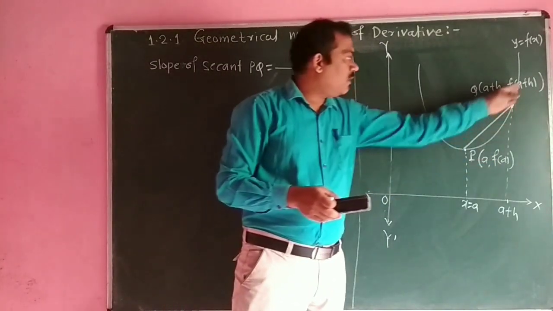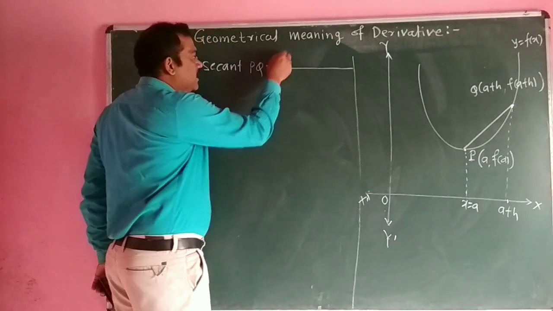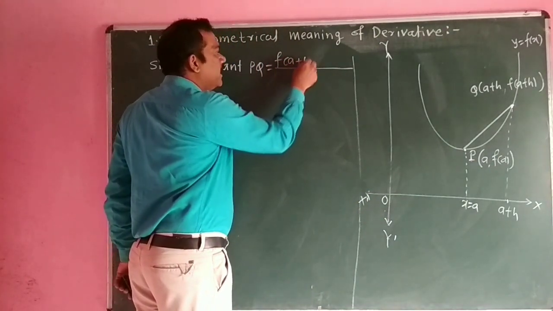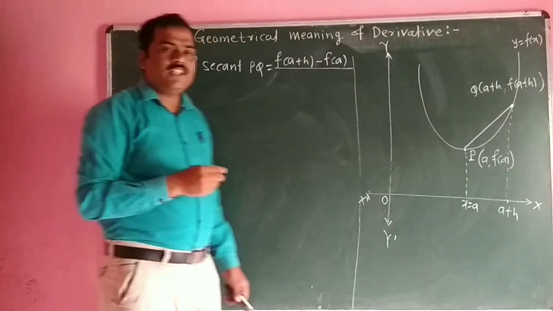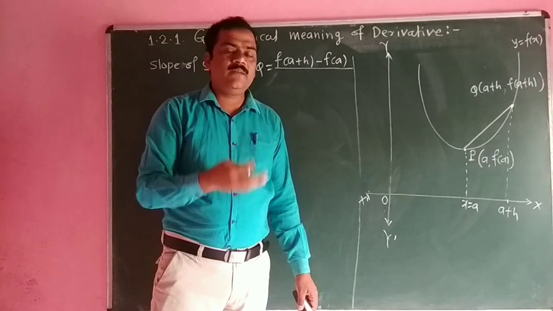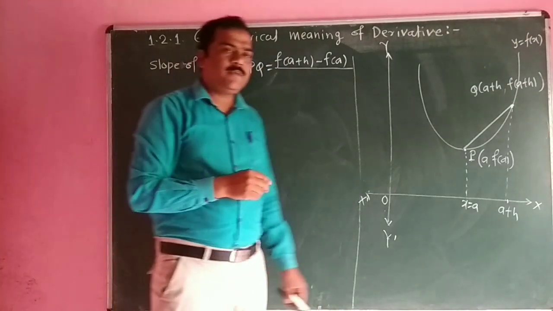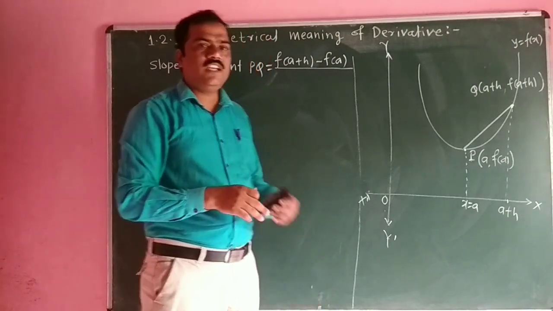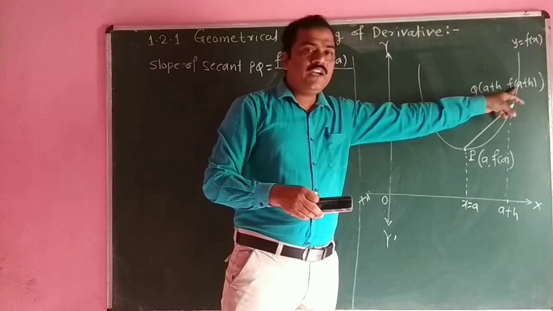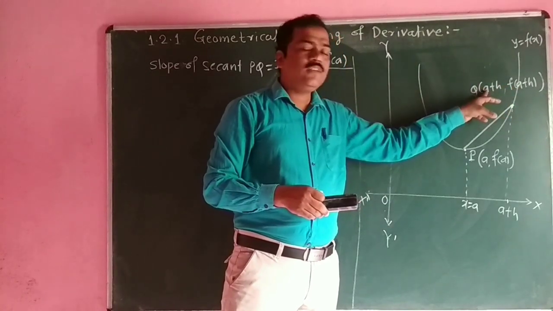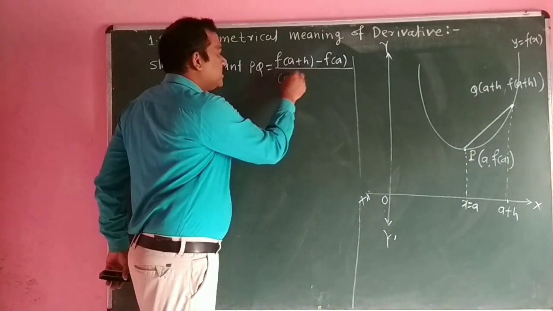The slope is the difference between the y coordinates, that is f of a plus h minus f of a, divided by the difference between the x coordinates. We start with the y coordinate of point Q, f of a plus h, so for the x coordinate we also start from point Q, that is a plus h minus a.